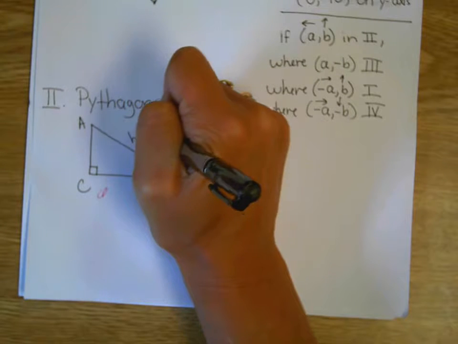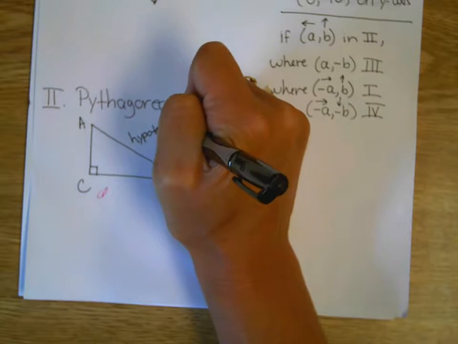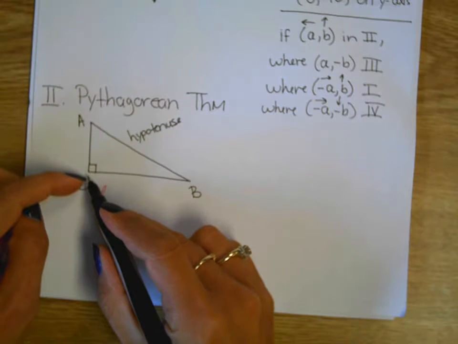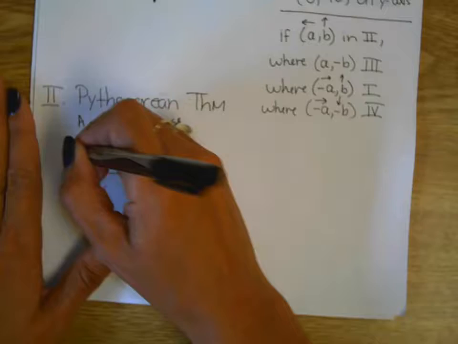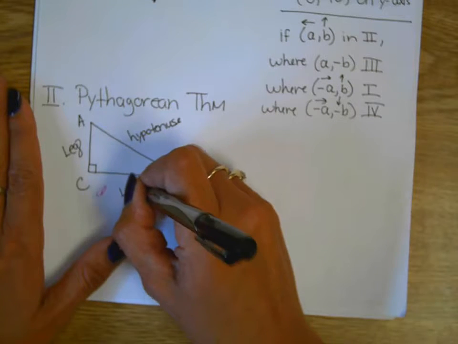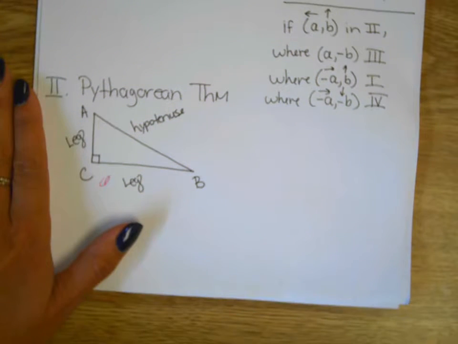Look at all the information that's still there. What about the two sides that came together to make the right angle? We had a special name for those. The legs, the adjacent leg and the opposite leg, both legs. Leg and a leg. And then remember to name the sides.